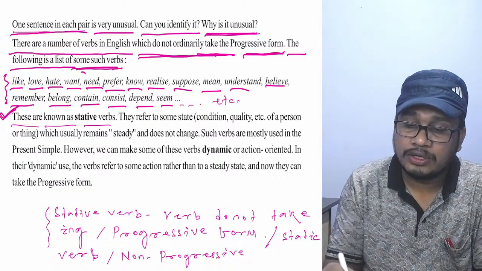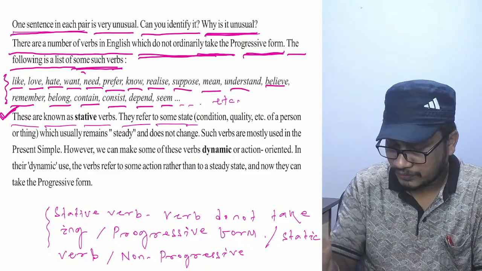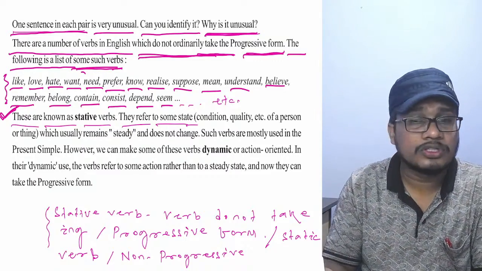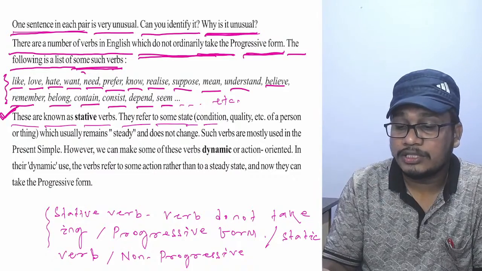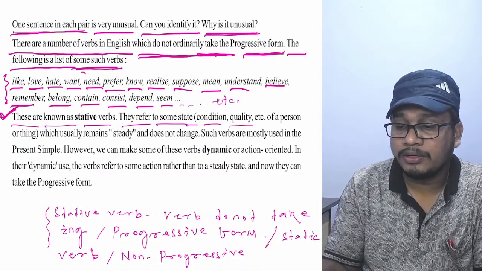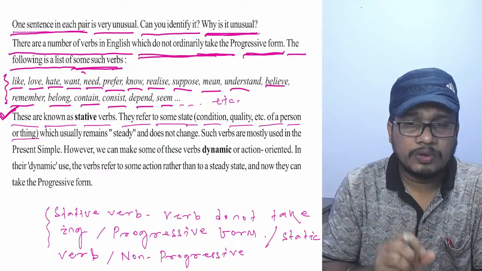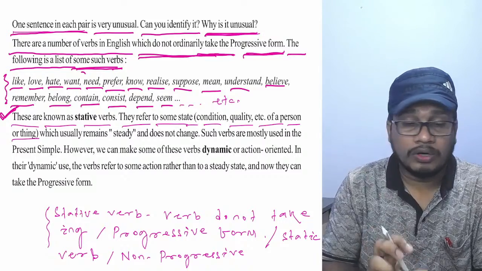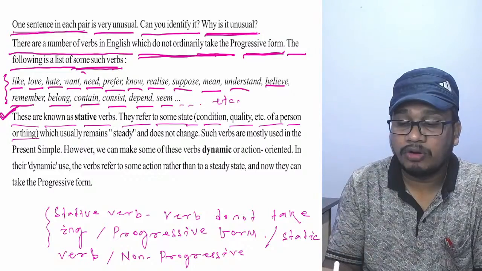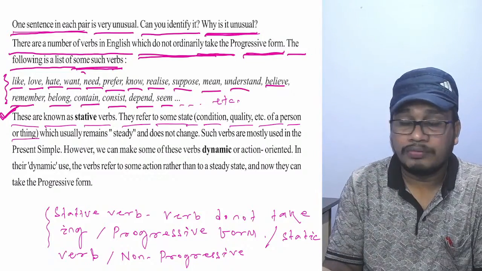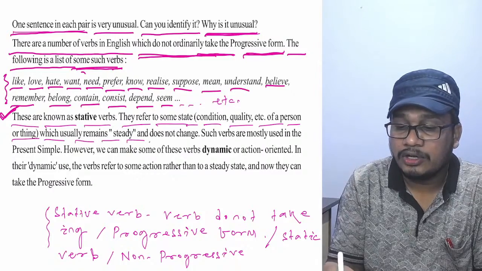Why do we call them stative verbs? Because they refer to some state; they do not refer to any action. State means a condition or a quality of a person or thing, which usually remains the same, steady, and doesn't change.